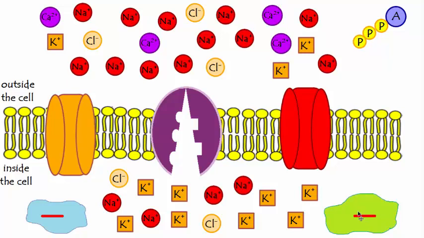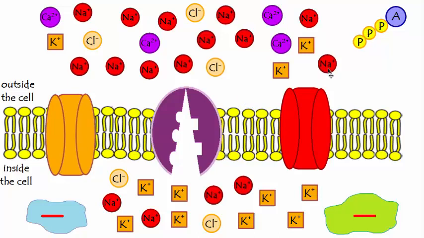So again, outside the cell is a positively charged space, while inside the cell is a negatively charged space. Between outside and inside the cell there is what we call an equilibrium. This equilibrium is due to the presence of leak channels. Leak channels allow the movement of ions with the concentration gradient, which means from high concentration to low concentration, but at a slow rate.